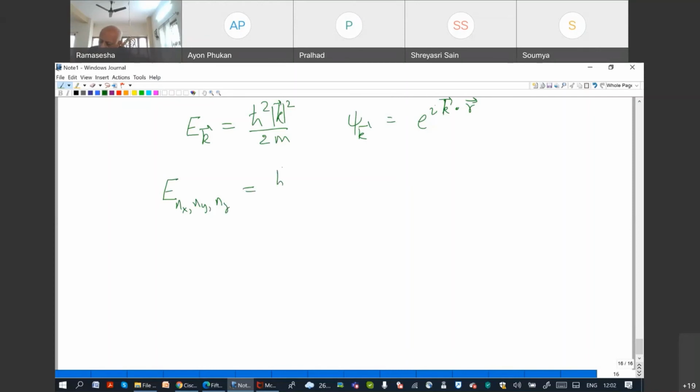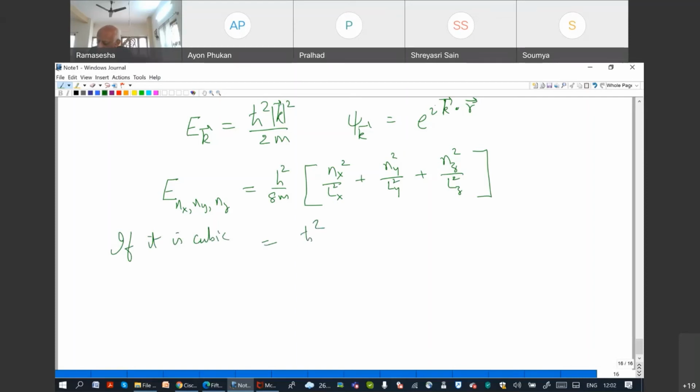h squared by 8 m L squared, n squared. Am I right? If it is a cubic box, this will be h squared by 8 m L squared into nx squared plus ny squared plus nz squared.